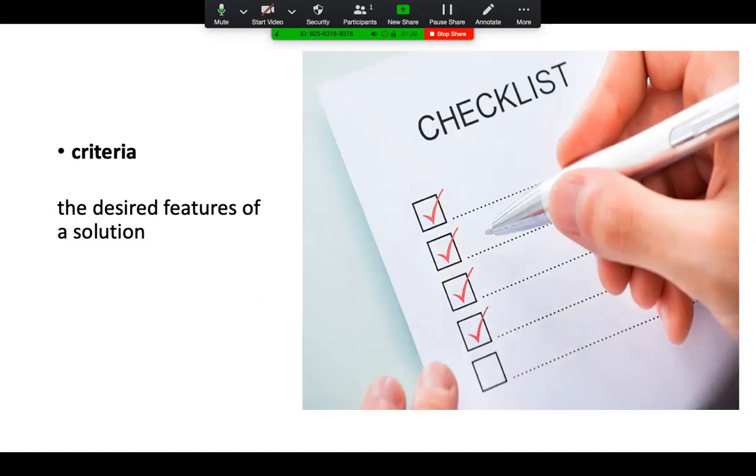The second word is criteria. What is criteria? It's the desired features of a solution. So we have desirable features are the ones we need to have when finding a solution, while the constraints are the absolute limits of a solution.